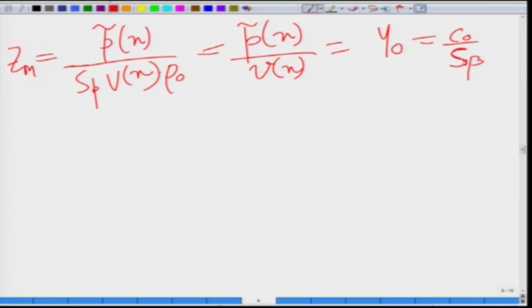So, this takes into account the dimensions of the duct, of course, and it is regardless of the density and considers only sound speed. So, obviously, for a duct with a smaller dimension, smaller diameter, characteristic impedance is more, and vice versa for a larger duct.